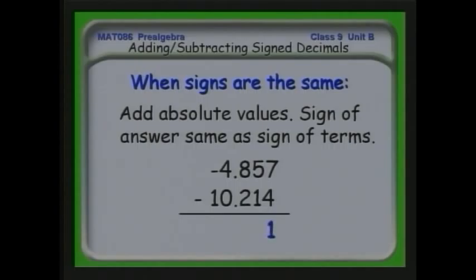So let's add these. And you can probably do this. There's a little carrying involved, but the point is that I keep the sign. So in this case, since I've gone only to the left, where I wind up is minus 15.071. It obeys exactly the same rules.